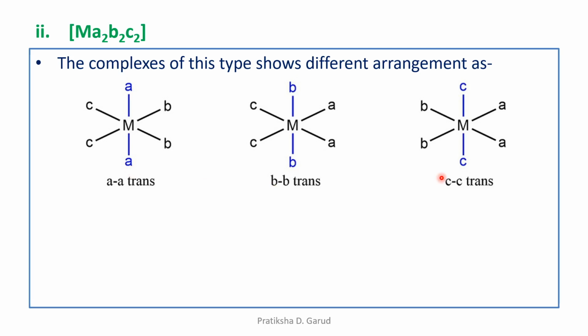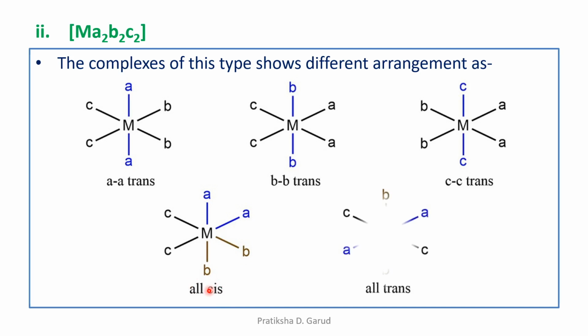Then the fourth type means all the 3 types of ligands are cis to each other. That means they are present at 1,2 position. So we can say A at 1,2 position, B 1,2 position and C 1,2 position. Therefore it is called all cis. And the last type, the fifth type, means all the ligands are trans to each other.